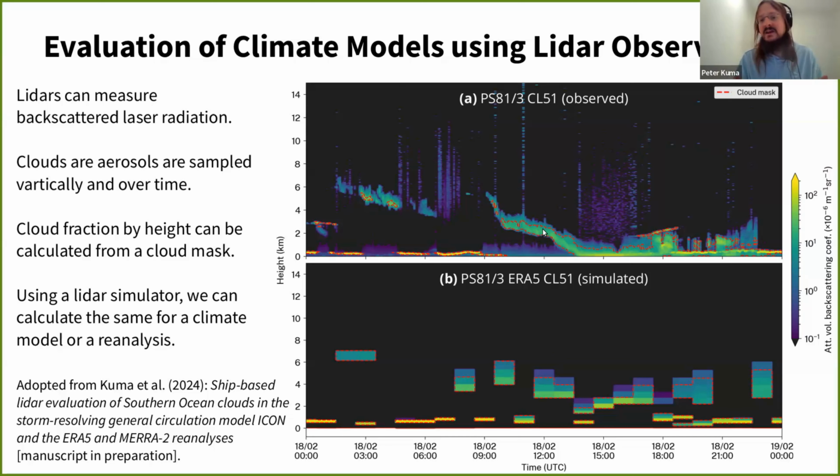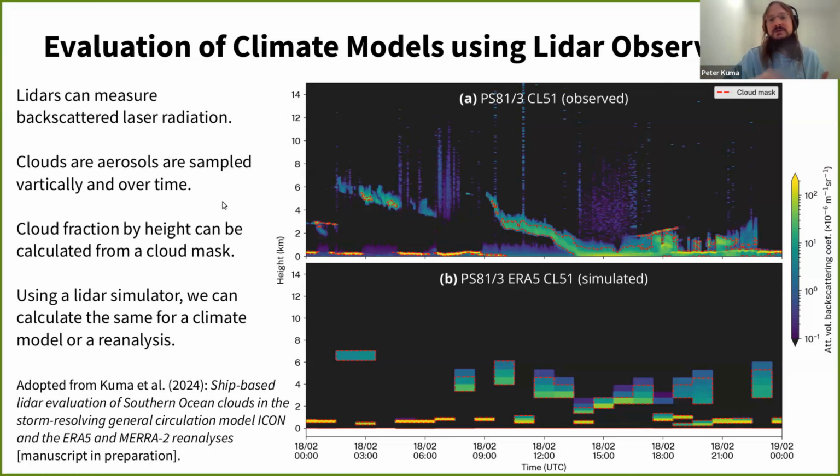And the thing usually is a cloud or could be aerosols. But here mostly what you see is clouds. And so this is by height. So it goes from 0 to 15 kilometers height. And the x-axis is time. And so over time, we get a profile of clouds by height.